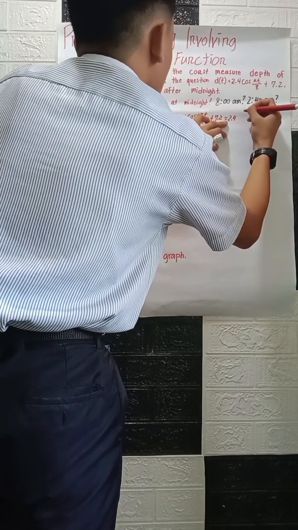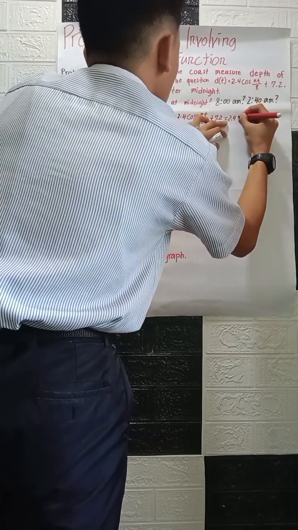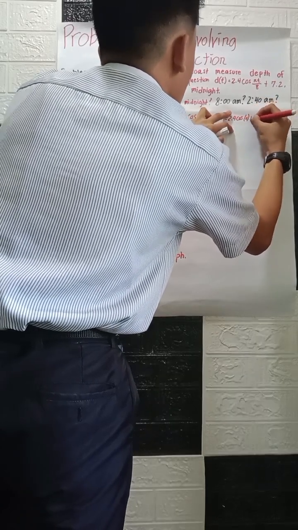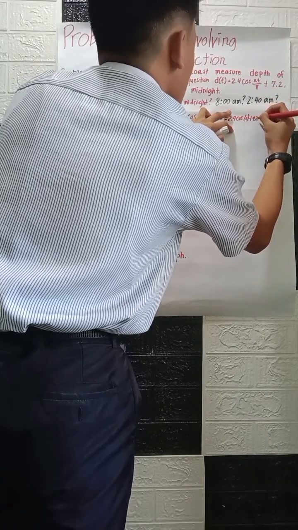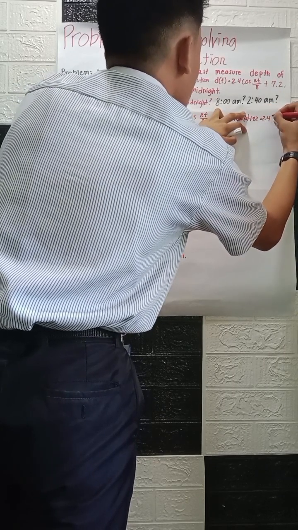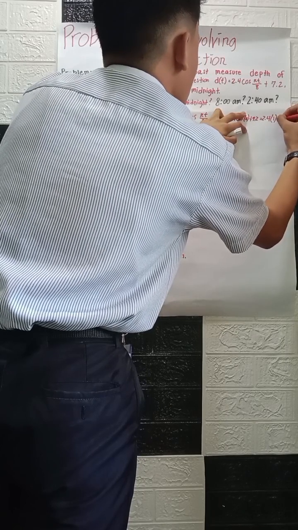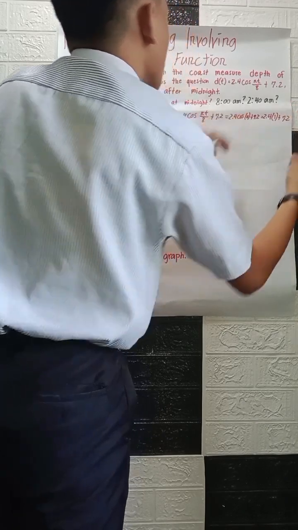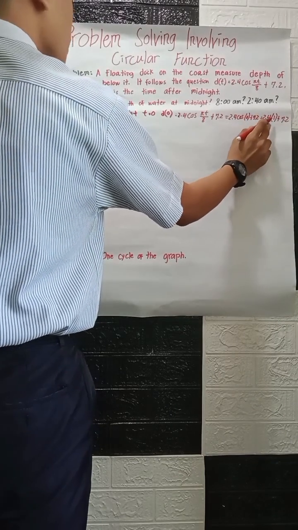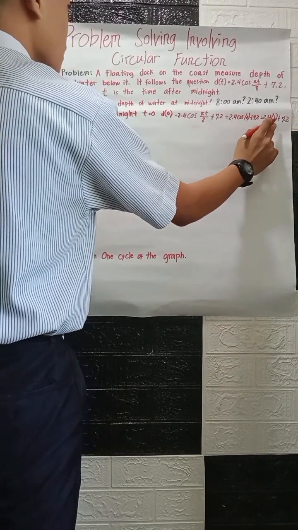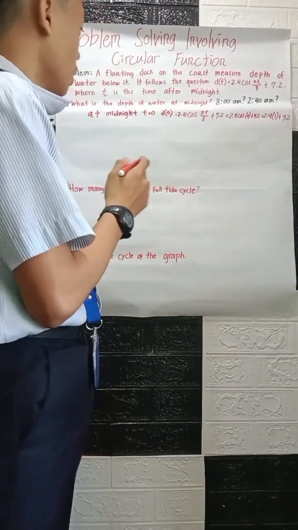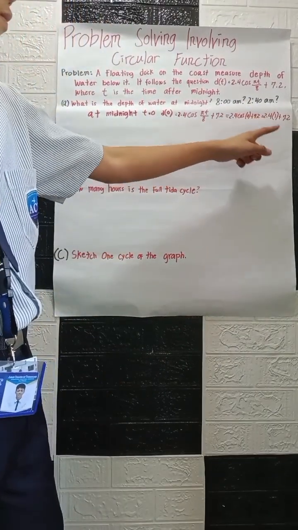So 2.4 cosine(pi times 0 over 8) + 7.2 is equal to 2.4 times 1 + 7.2, because cosine of 0 is equal to 1.